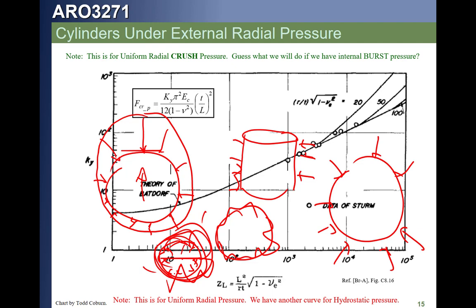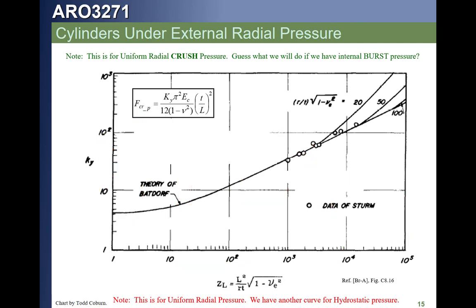Okay, so this is called the cylinders under external pressure, because if we have an external crush pressure on our cylinder, it can buckle, and its buckling will be defined by this equation and this curve. If we have an internal burst pressure, that will tend to stiffen our cylinder for buckling.